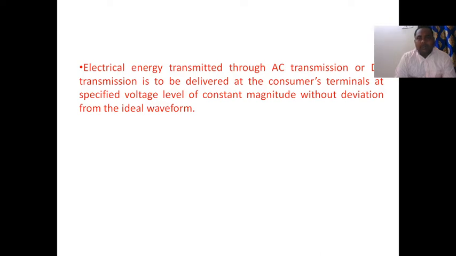Because of harmonic presence, the equipment gets damaged because of overheating in the system. Also, the HVDC system contains converter transformers. We know that a transformer changes voltage levels, increasing or decreasing them.